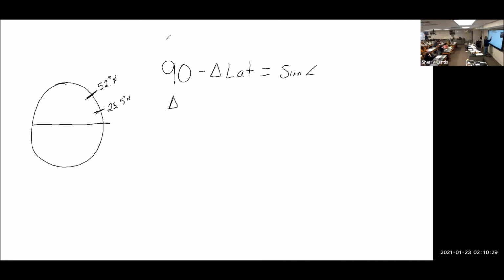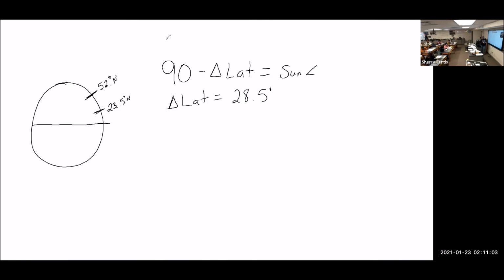Now, what is my change in latitude now? How many degrees between 23.5 and 52? 28.5, are we okay with that? All you've got to do, if you and the sun are in the same hemisphere, is subtract the two numbers, right?